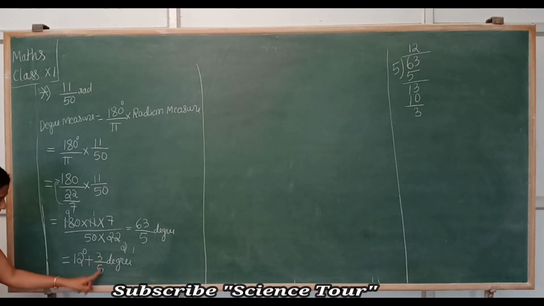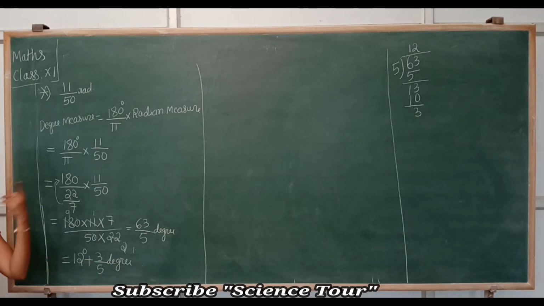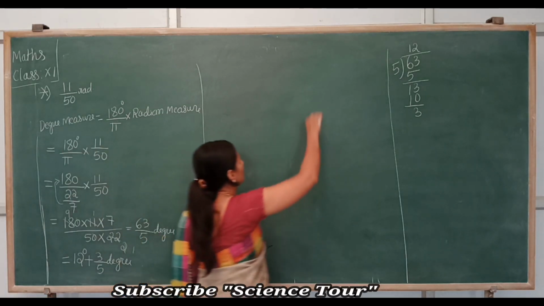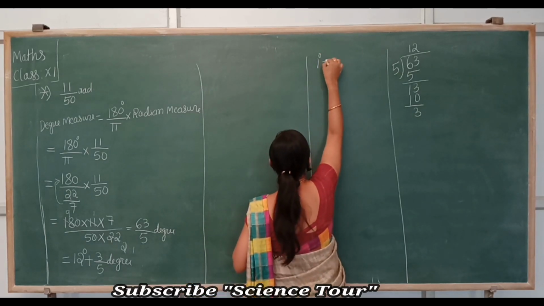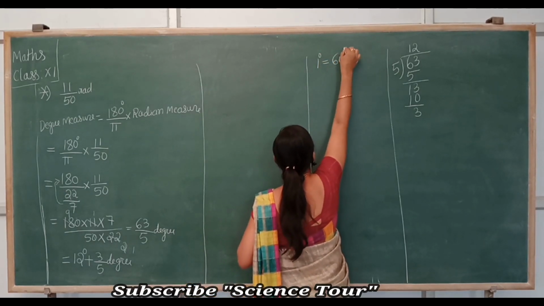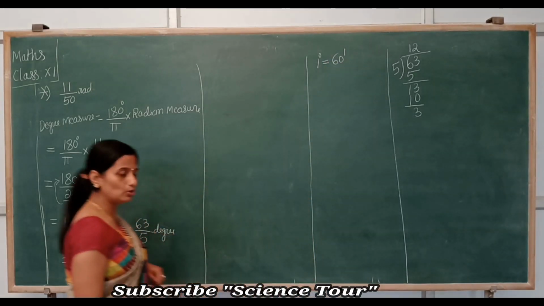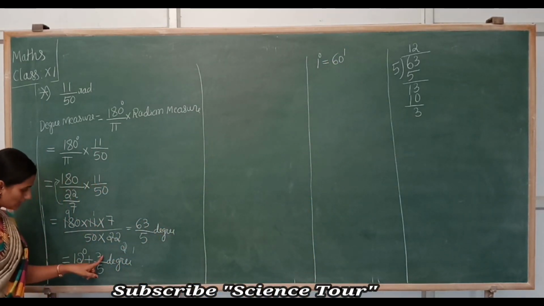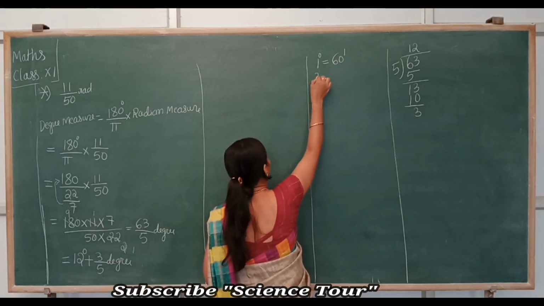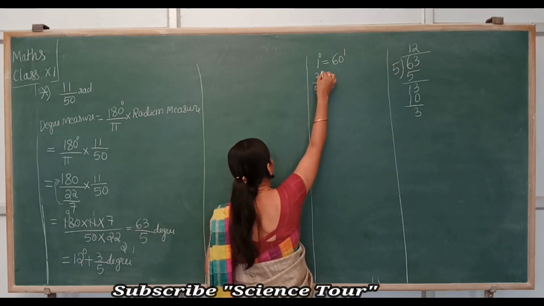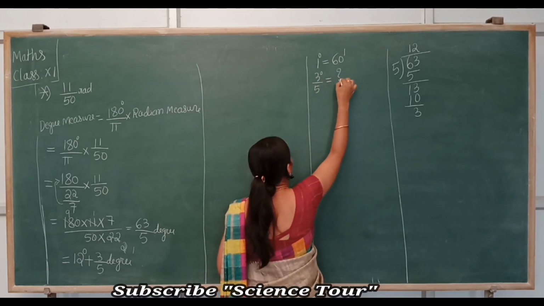Now this decimal part of degree should be converted to the next unit. What is the next unit of degree? Next is minute. So how to convert that to minute? Already you know 1 degree is equal to 60 minutes. So 3 by 5 degree is equal to how many minutes?